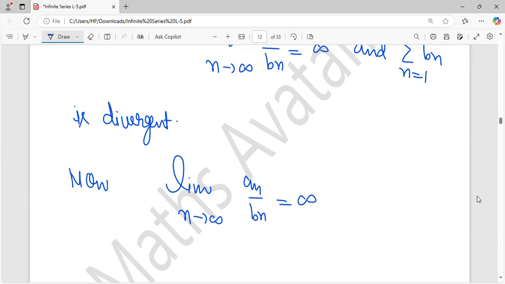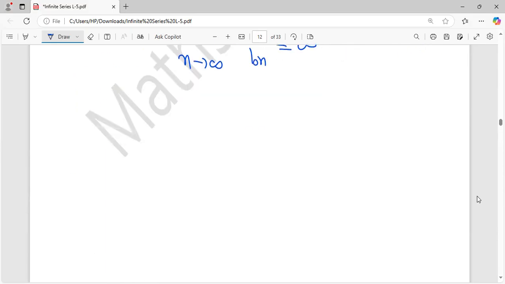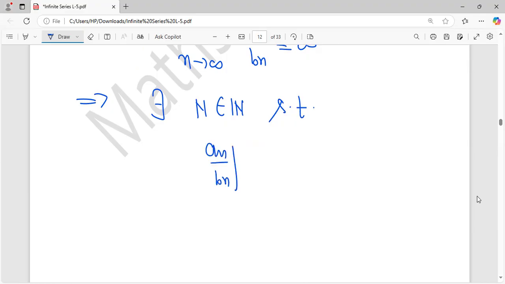So this implies there exists capital N belonging to the natural numbers such that the absolute value of An upon Bn will exceed 1. But An upon Bn is positive.